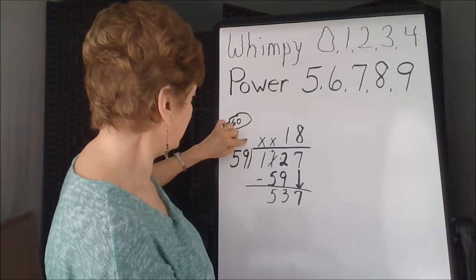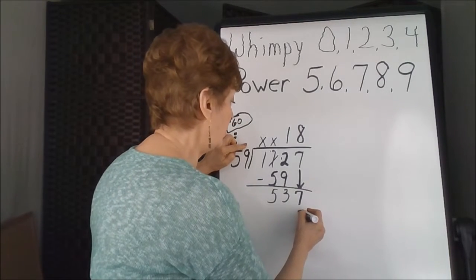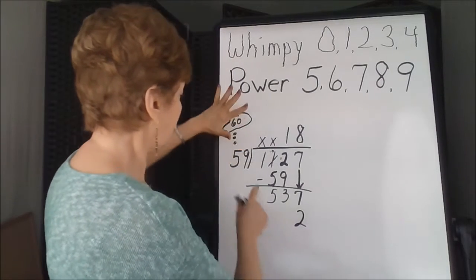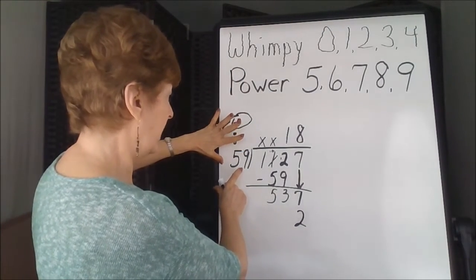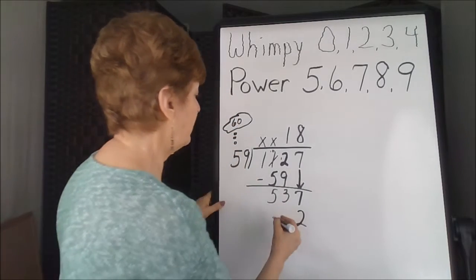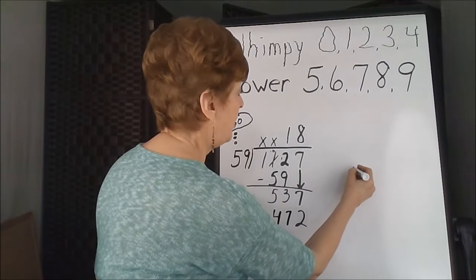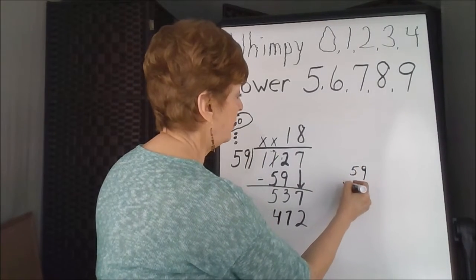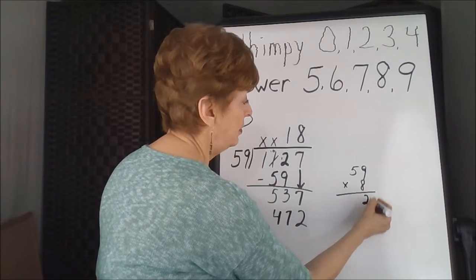8 times the 9 is 72. We're going to carry 7 this time. 8 times 5 is 40, and 7 more is 47. You could have done this problem off to the side if you needed to. 8 times 9 is 72.